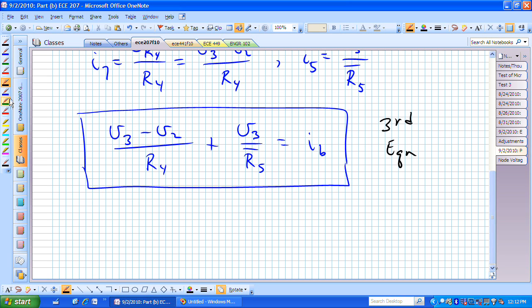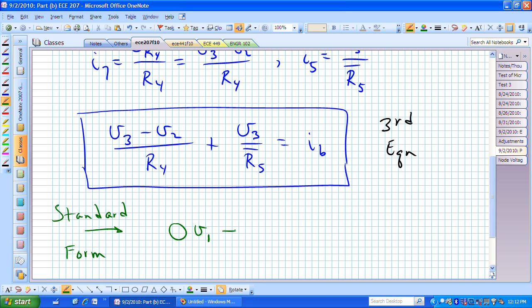But let's now, just for completeness, write the standard form of this last equation. We have no coefficients multiplying the first node voltage v sub 1.